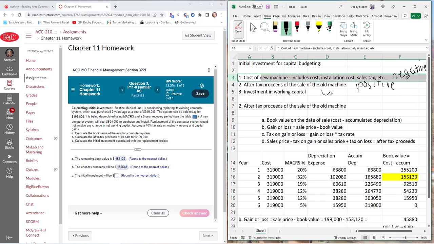And the third one, for this problem, it's 0, but it's normally given, and it would be a negative number because we would have an investment. We'd have to pay more for the workers and the supplies and those things to operate the machine. So basically, we know all three of those numbers now. Number 3 is 0, so it's very easy to calculate. So let's go down and finish up this problem.